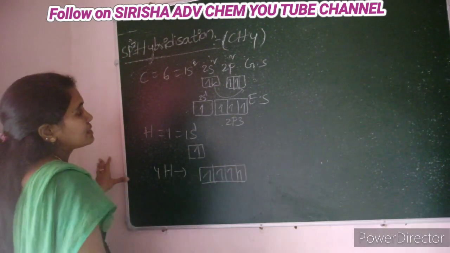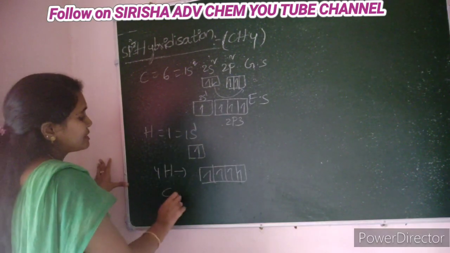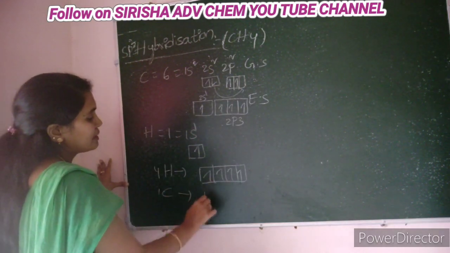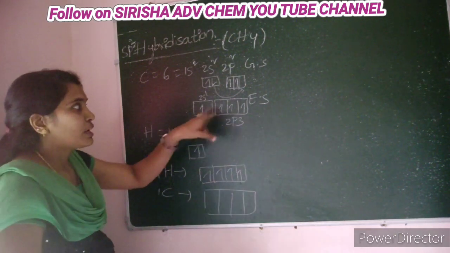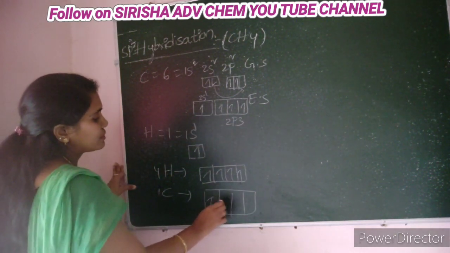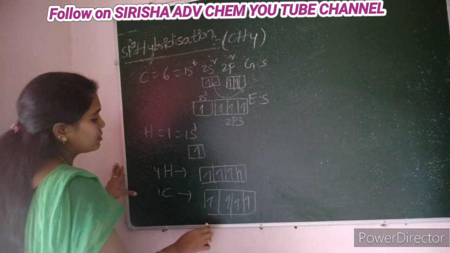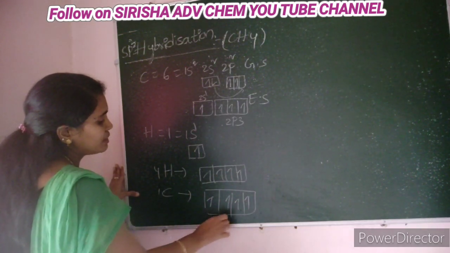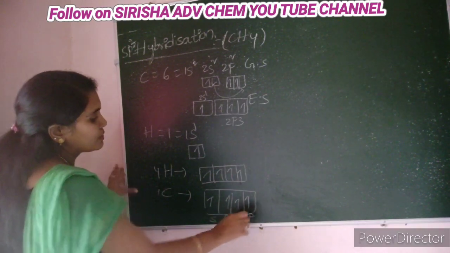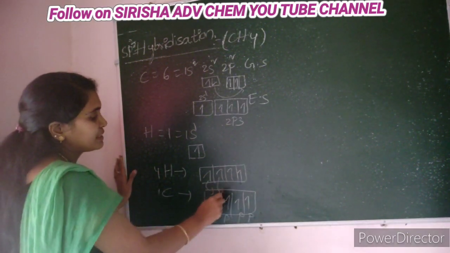4 electrons. Then carbon has only 1 each. Then carbon has a total of 4 orbitals. See here, how many electrons are there? s orbital 1, p, p, p. In total they will pair up like this.